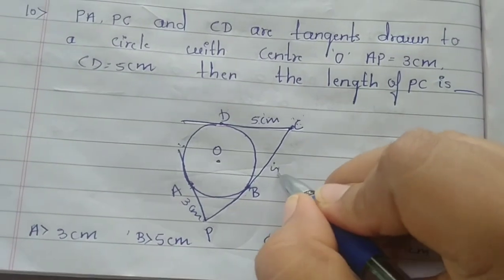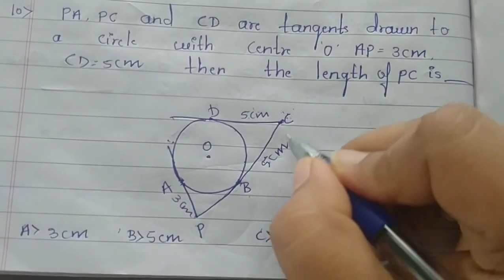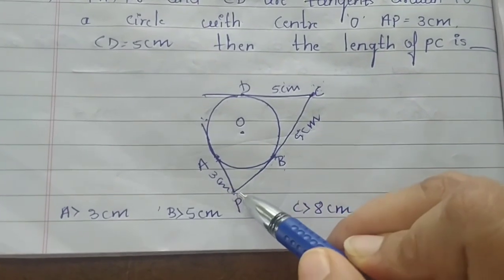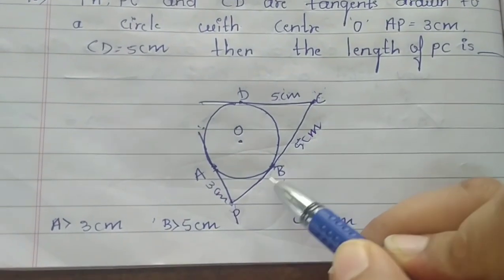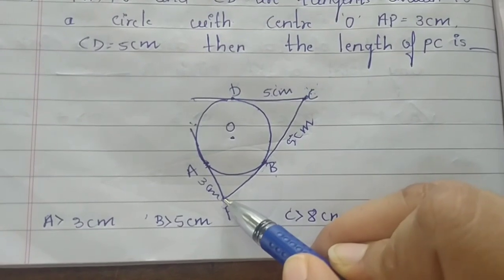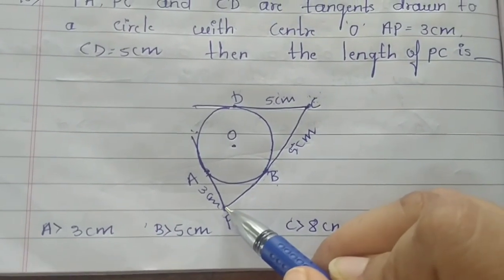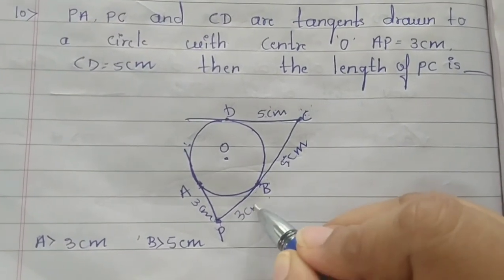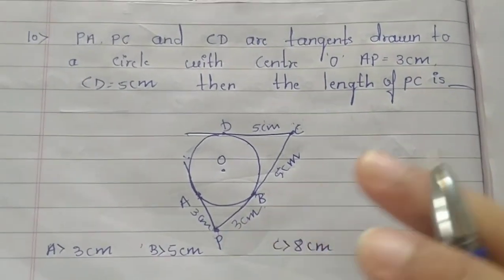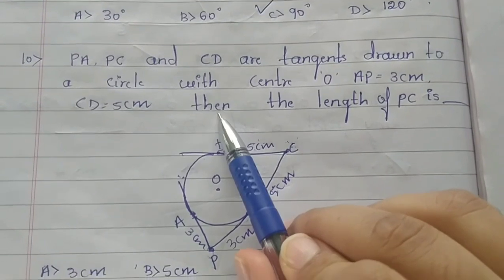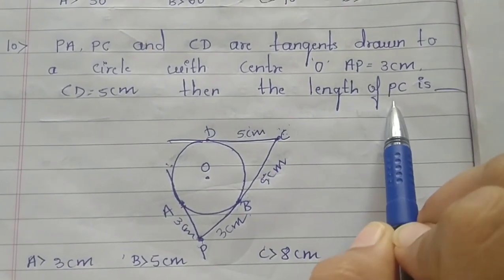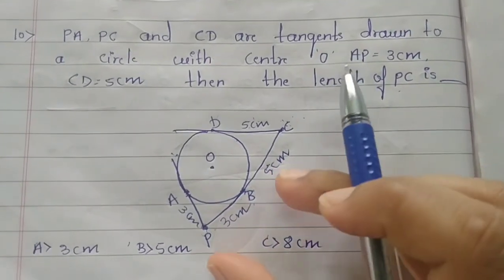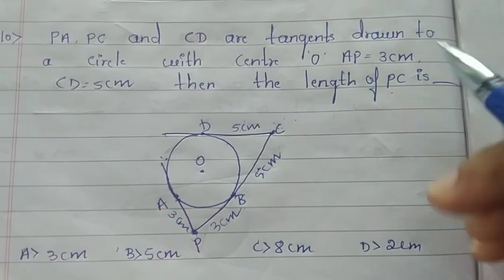So the value of BC is nothing but 5 centimeter. Here also, AP and PB are the two tangents drawn from the point P, the common point, right? So AP and PB should be equal, and the value is 3 centimeter. In the question they told you to find the value of PC, right? In order to find PC, you have to add PB plus BC, isn't it?